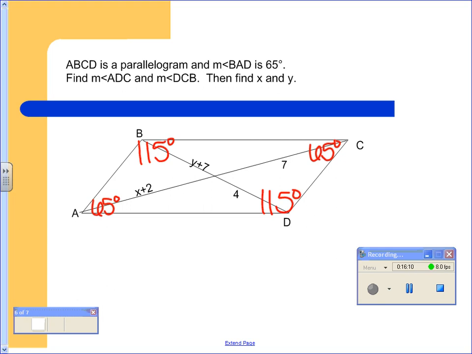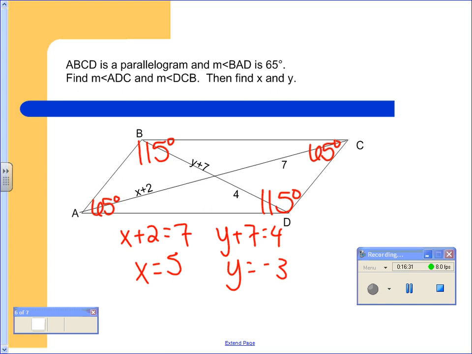Okay. How would you find x and y? Do you agree? Okay, so x would have to be what? And y would be the diagonals bisect.